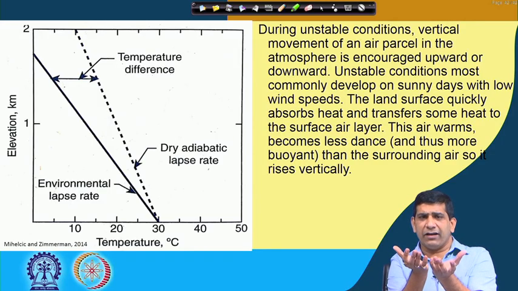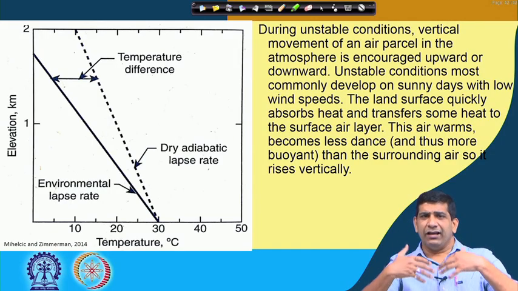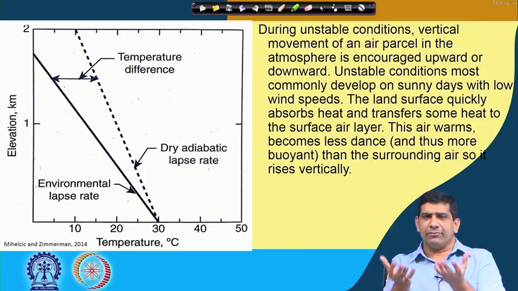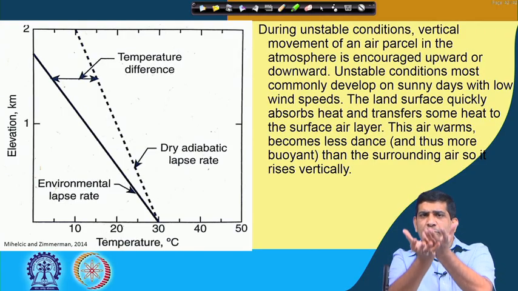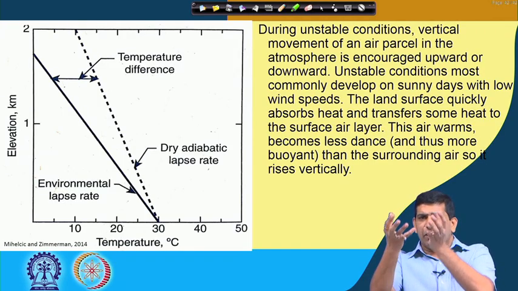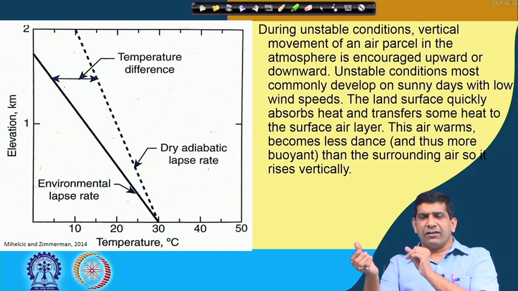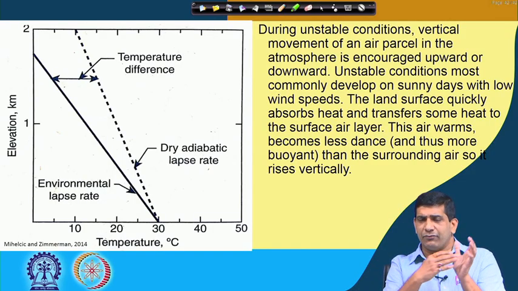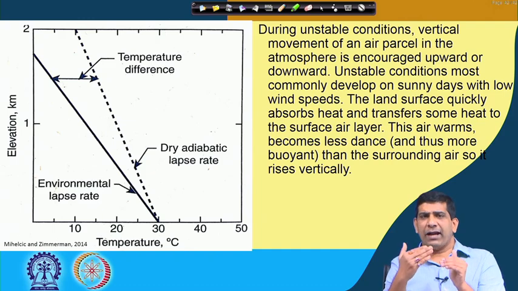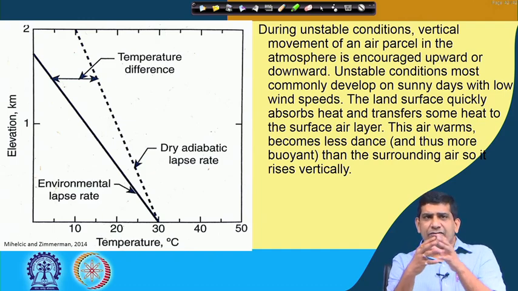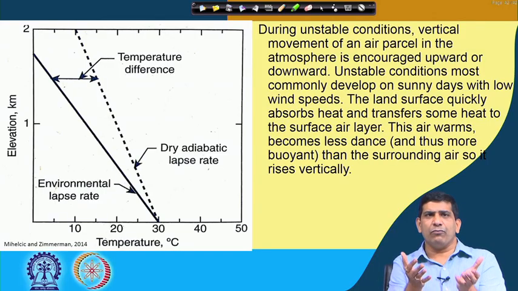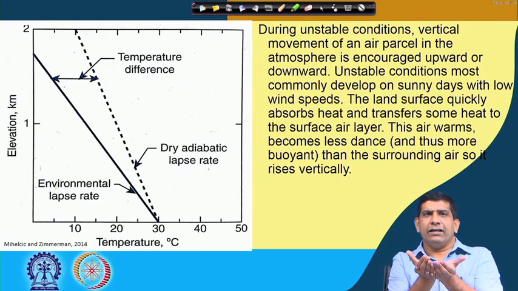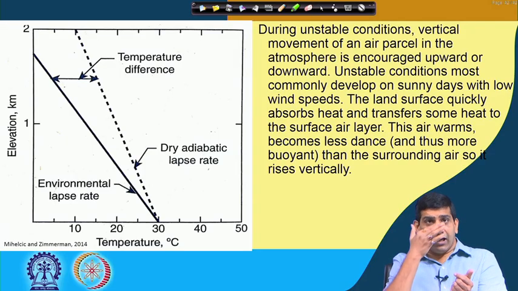Usually a parcel of air is lighter, and so it has a tendency to move upward. Of course, based on the gravitational pull and other factors, there will always be a tendency to move it down. Based on the wind pattern, when you have unstable conditions, vertical movement of an air parcel in the atmosphere is encouraged upward or downward depending on the condition.